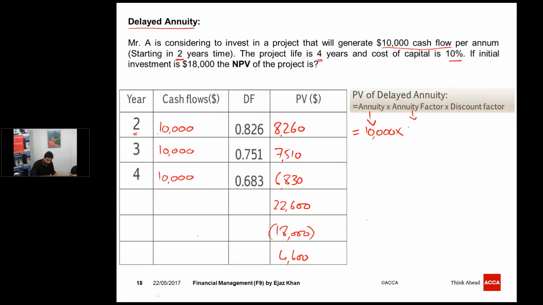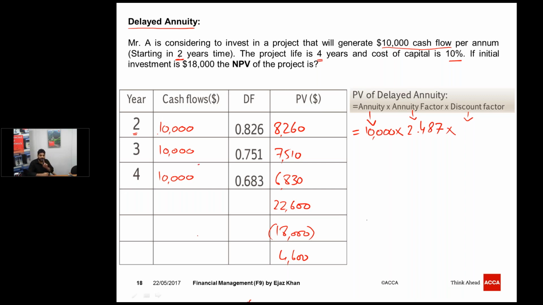So take the 2.487. So 10,000 will be multiplied with the 2.487. Then it will be multiplied with discount factor. Now, to get the right discount factor, all we have to do is to count the delay in years. The normal annuity starts from year 1, and this one is starting from year 2.